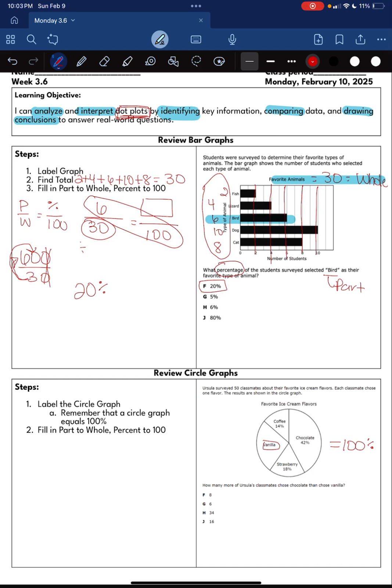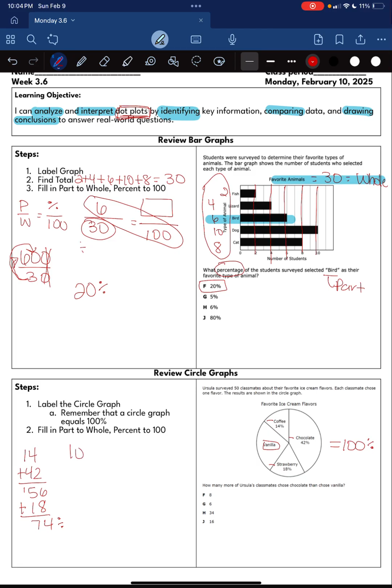So I have to take coffee, chocolate, and strawberry and add those 3 up. 14 plus 42, that's 56, plus 18, that is 74. Okay, 74% is either coffee, chocolate, or strawberry.